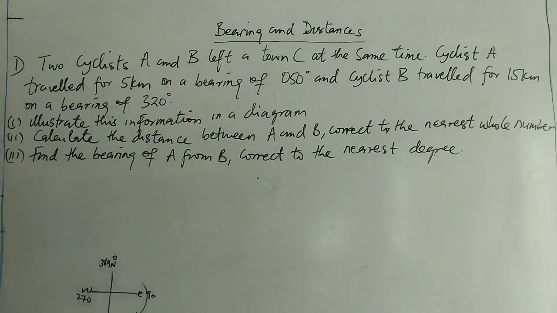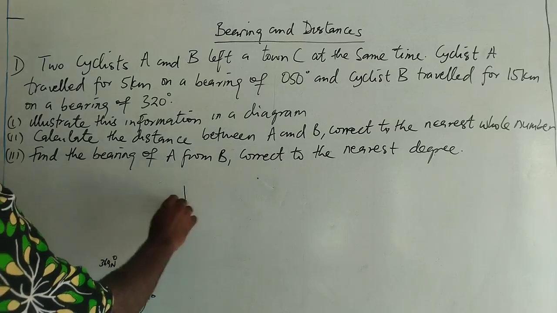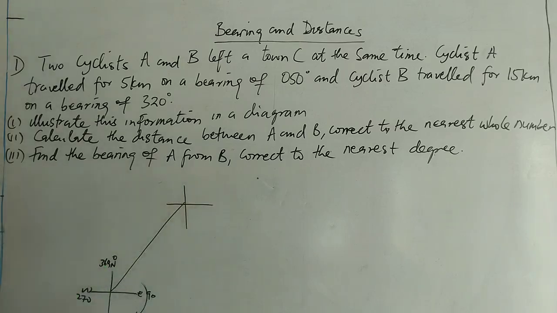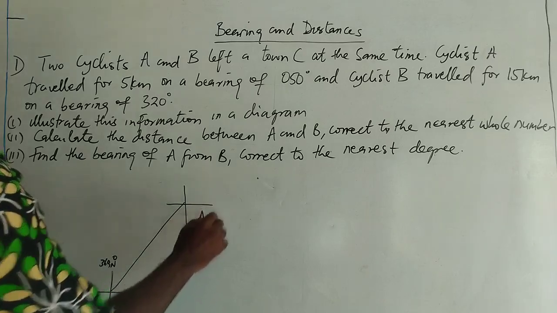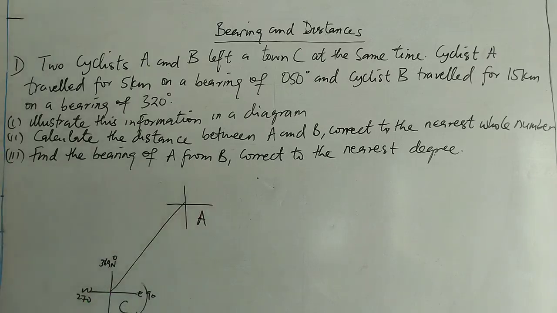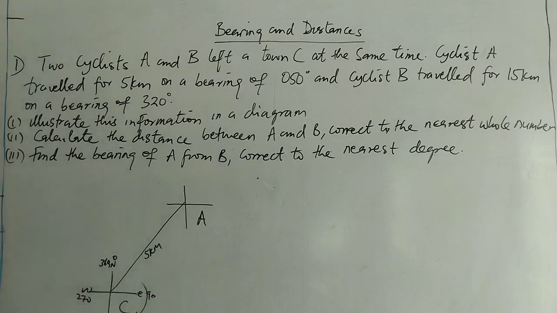So the line will come out from northeast. So this is my town C, and this is where cyclist A stopped, 5 kilometers, and the bearing is 050 degrees.